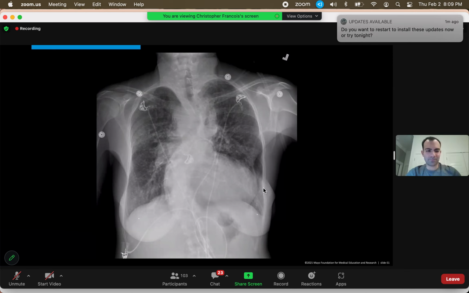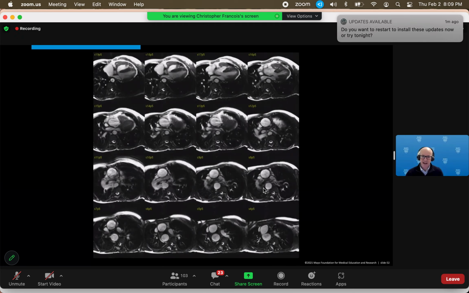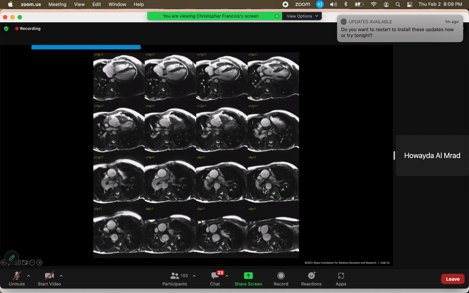It's tetralogy of Fallot. Yeah, exactly. So this is tetralogy of Fallot. And what are the four things, Awada, that make up the tetralogy of Fallot that you see on this patient's cardiac MR? On the first row, I see a ventricular septal defect. Yes.